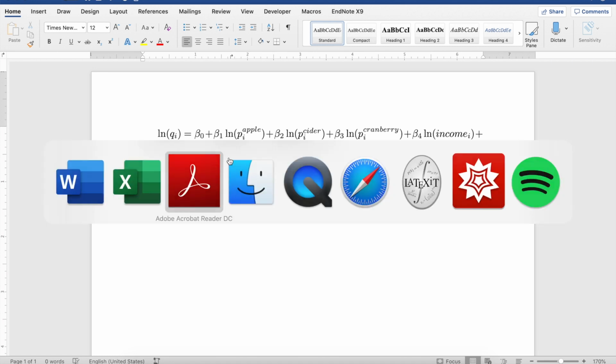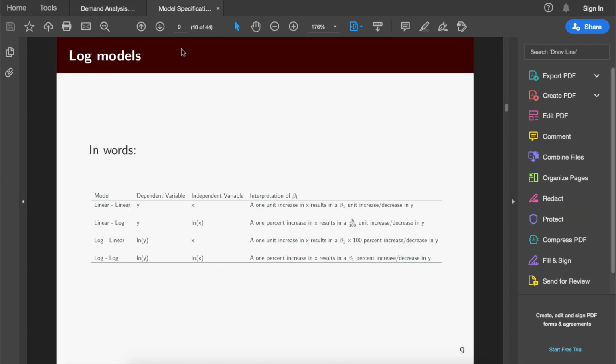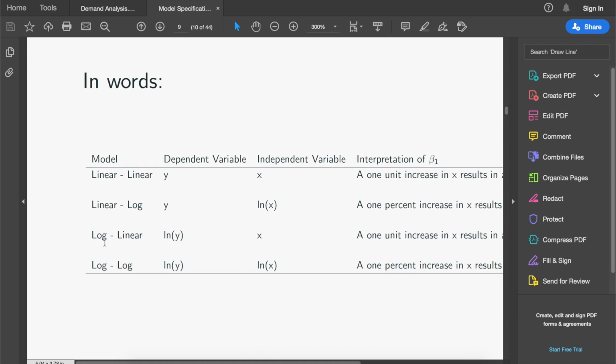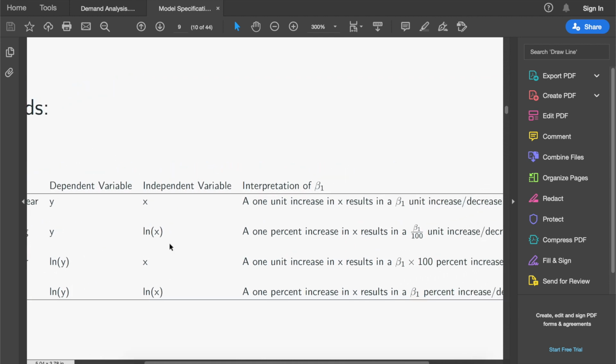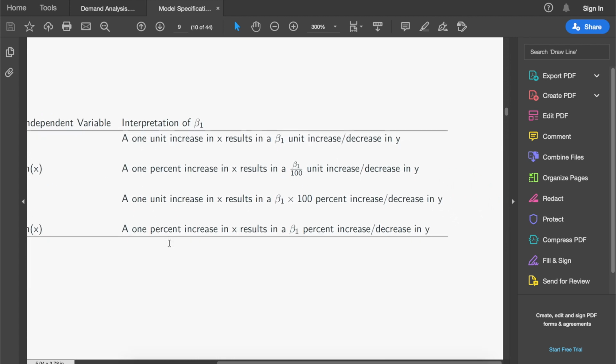And if we go to our model specification lecture, this really key table, we are looking at a log linear model, right? So how do we interpret the beta? A 1 unit increase in our explanatory variable results in a beta 1 times 100% increase or decrease in our dependent variable, right? It's always good to remember that.